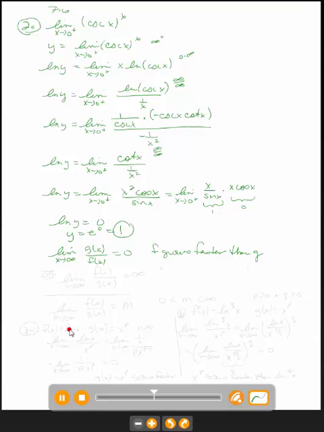The bottom's going in with a bigger number, so it's going to make it go to 0. Or, if you write it in reverse, the limit as x goes to infinity of f of x over g of x and you end up getting infinity, still f grows faster than g.